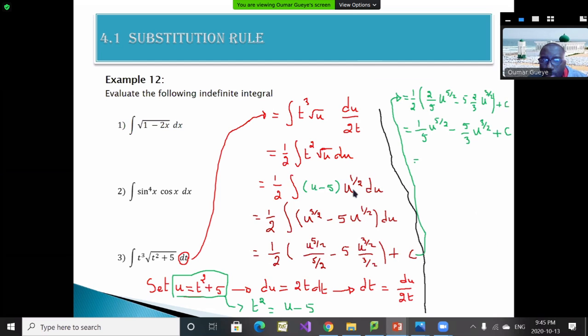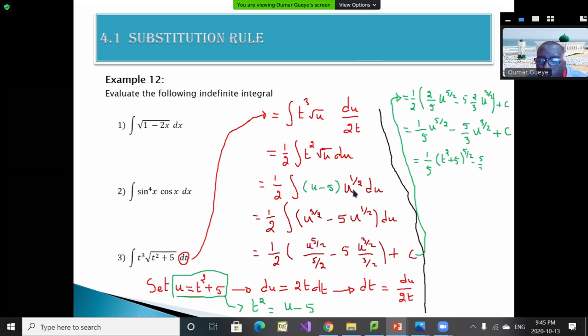So now the solution is going to be 1 over 5. Now you substitute u by its value. You guys can see u is here. It's t squared plus 5. At the beginning, we set u equal to t squared plus 5. So we'll get now, bracket here, t squared plus 5, to the power 5 over 2, minus 5 over 3.